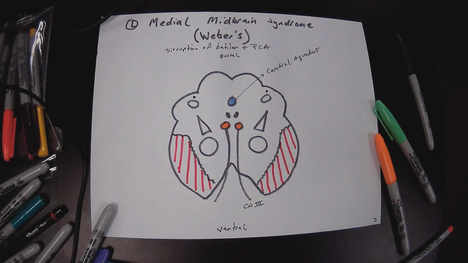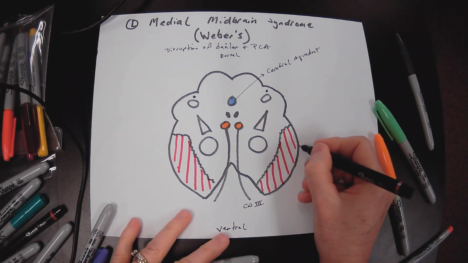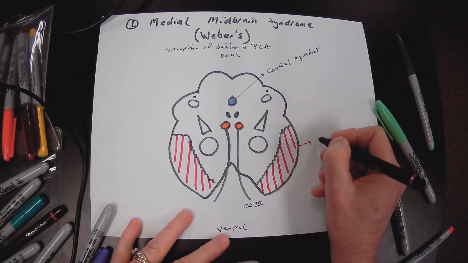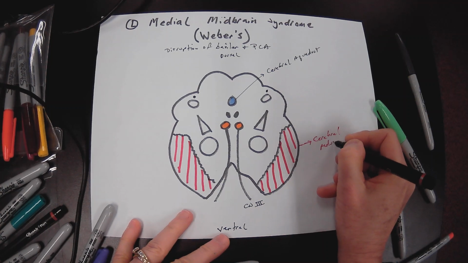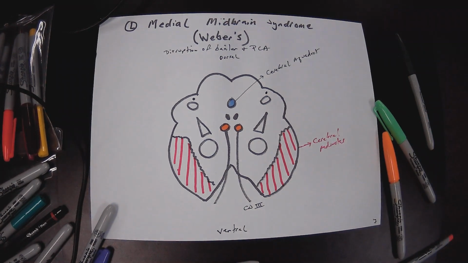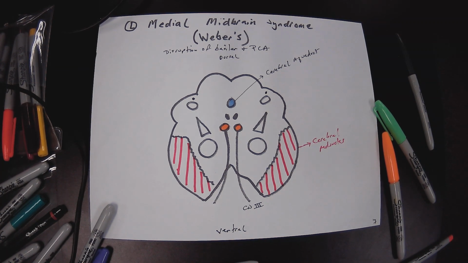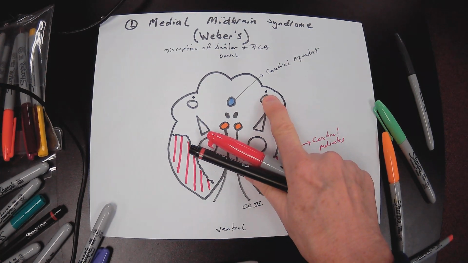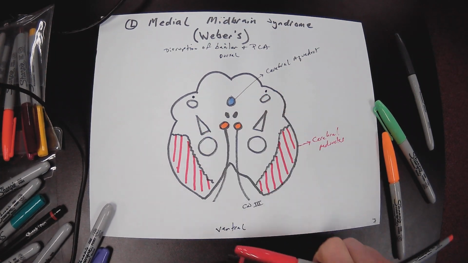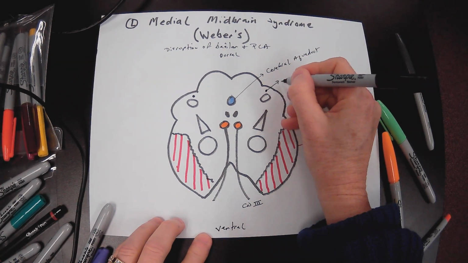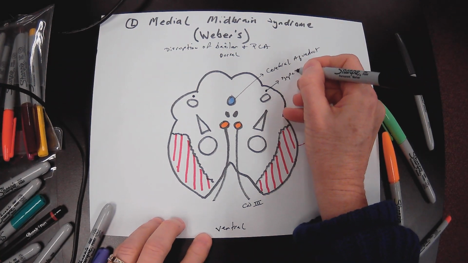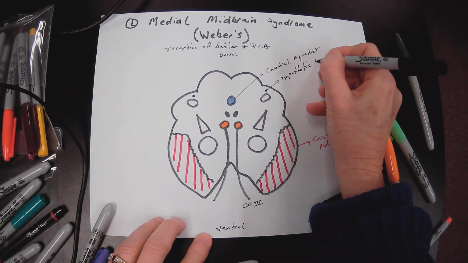Those are your cerebral peduncles. Okay, here's your tract, disruption of which causes Horner syndrome. So this is your sympathetic tract.